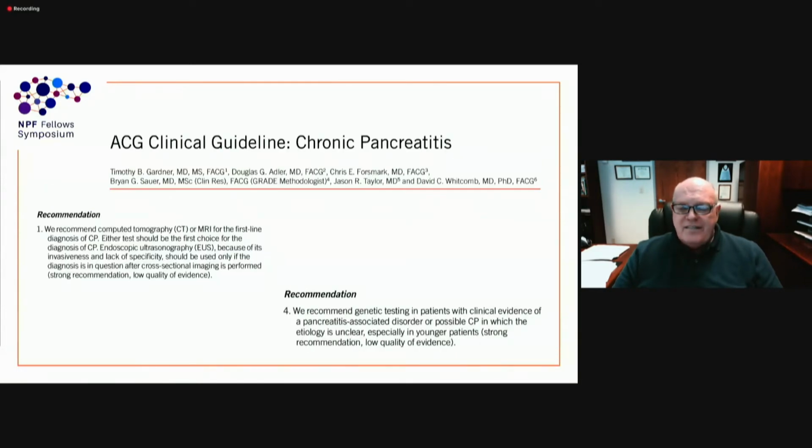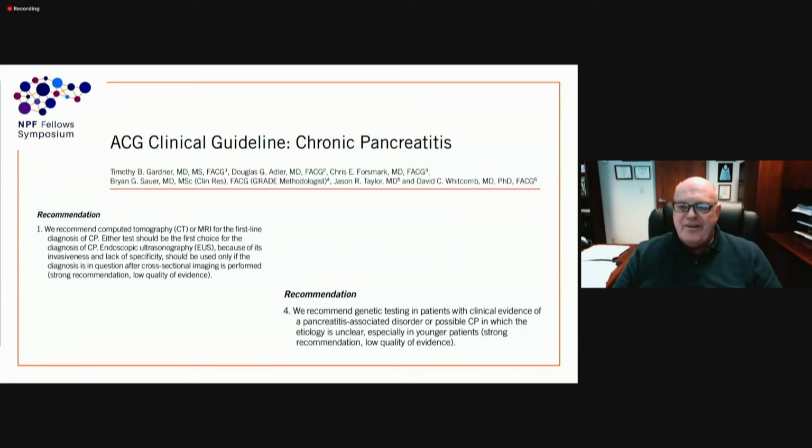And we have lots of guidelines in chronic pancreatitis like we do in acute pancreatitis. I include two here, and I can't blame anybody for this one because I'm one of the authors, and so is the following speaker, Dr. Whitcomb. And I'm not really pointing these out to talk about the specific recommendations, just the very last parenthetical comment for both these recommendations: strong recommendation, low quality of evidence.